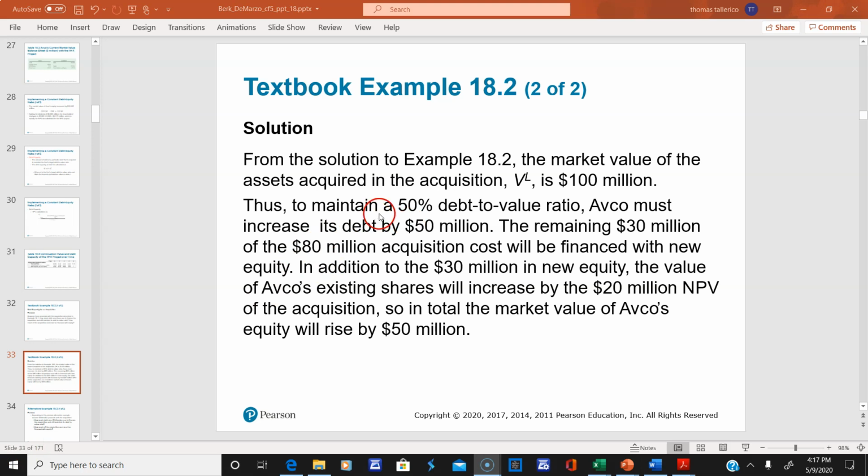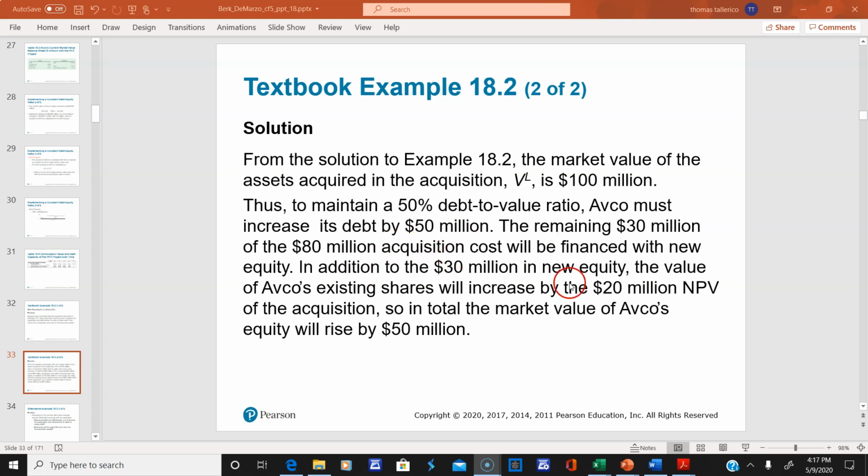So here's the solution. They want to maintain a 50% debt-to-value ratio, right? And this is how much it was acquired for in the acquisition, 100 million, the levered value. So they must increase their debt by 50 million because it's 50% of that. So the remaining 30 million of the 80 million acquisition cost will be financed with new equity.